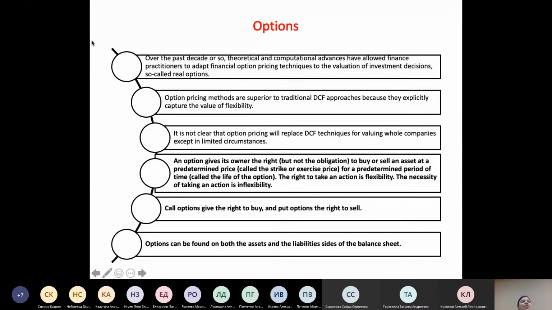In other words, for the buyer of our option, whether financial or real, it's the right to take actions such as buying or selling an asset based on predetermined conditions.